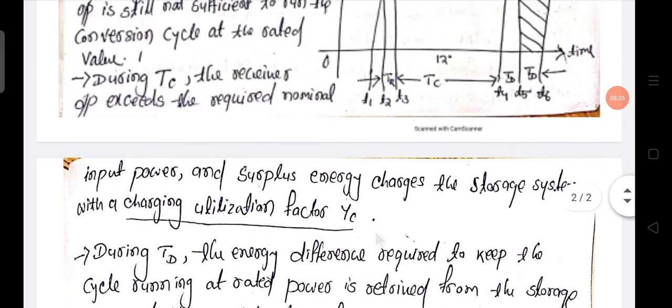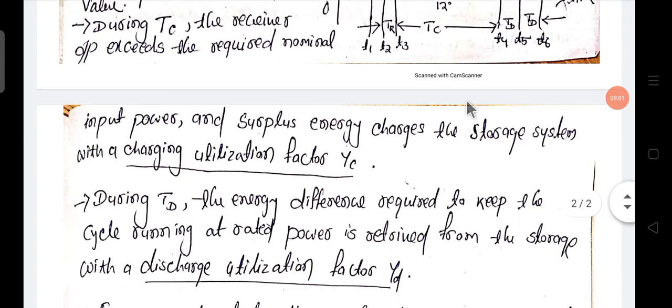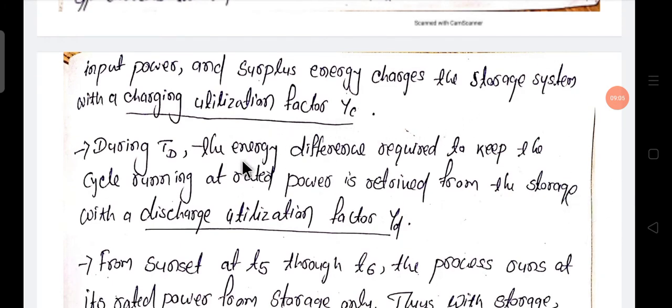That means in TD time, for the requirement of thermal power to run the power plant at its rated output power, the thermal energy received from the sun is not sufficient, so we use thermal energy from our storage system, with a discharge utilization factor YD.